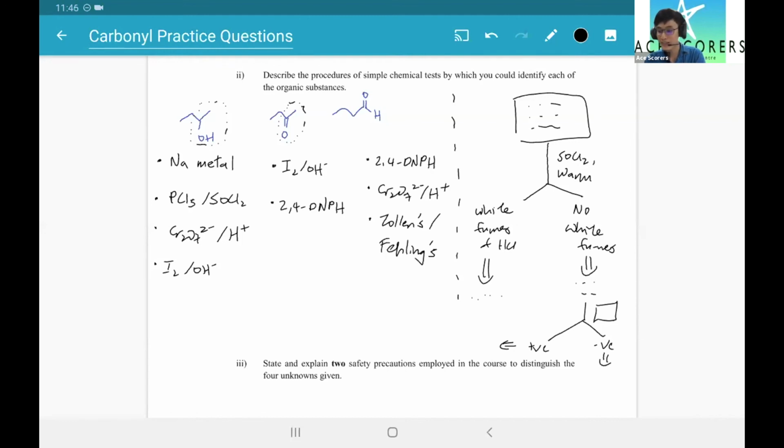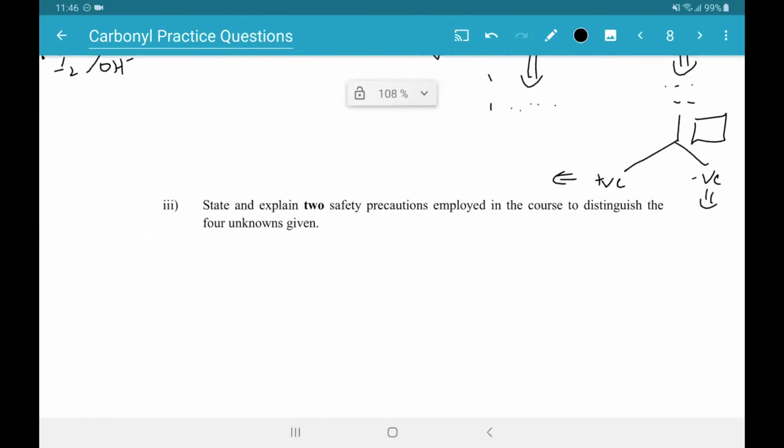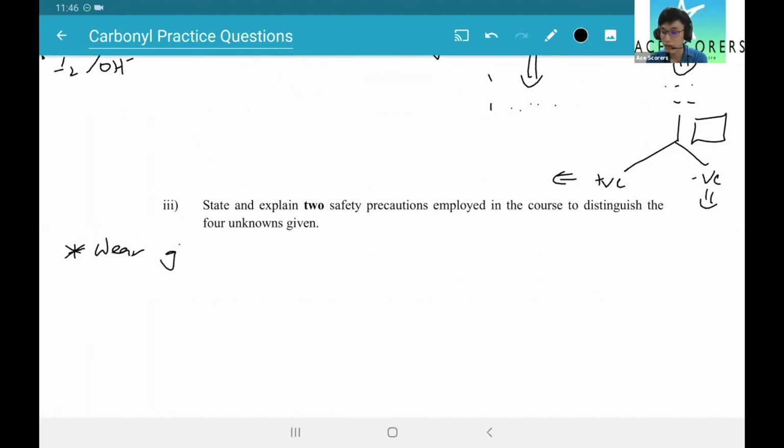Why must wear gloves? You tell me why must wear gloves. The substances used could be corrosive. Yes, correct. Remember you use acidified K2Cr2O7, right? Acid is corrosive, isn't it? Agree or not?